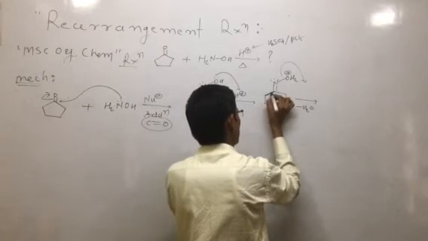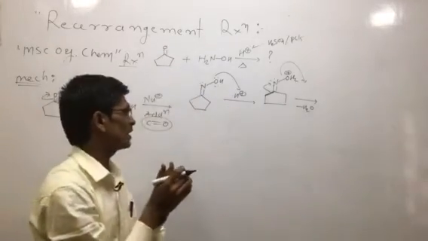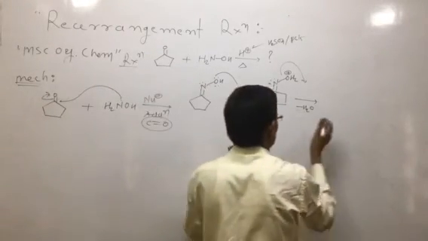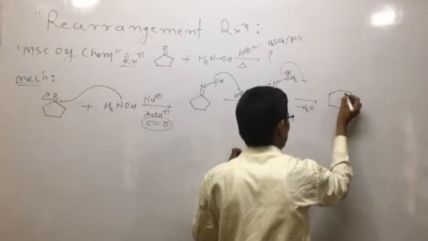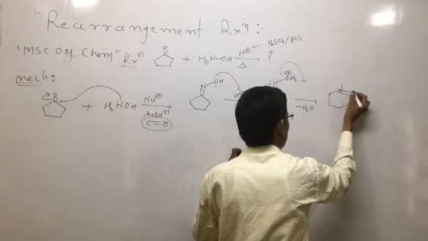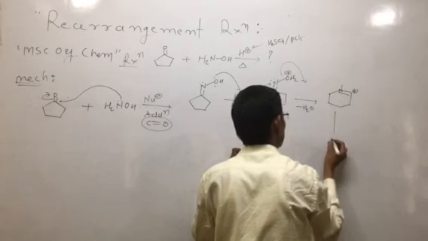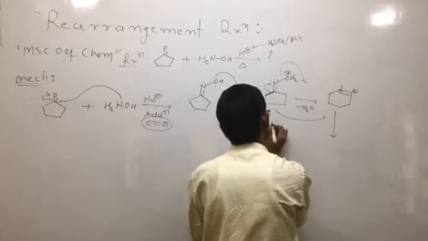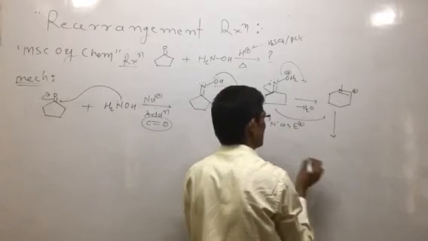At that time, the C-N bond is shifted toward the nitrogen. This type of rearrangement is called nitrogen as electron deficient. Then a six-membered ring forms, with C=N+ and the carbon carrying the positive charge. The rearrangement is from this to this, and we call this nitrogen an electron-deficient atom.